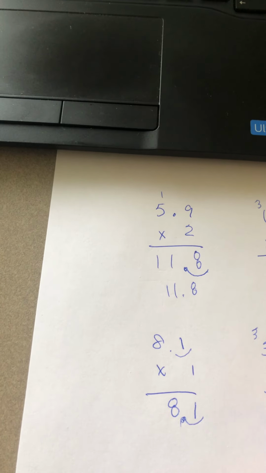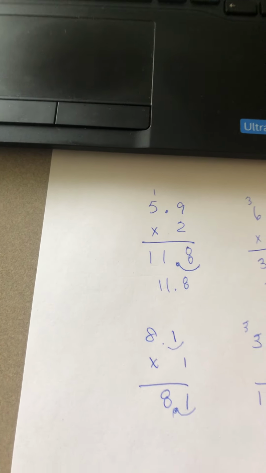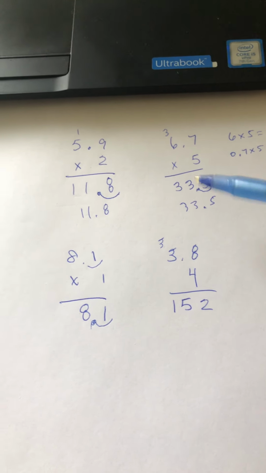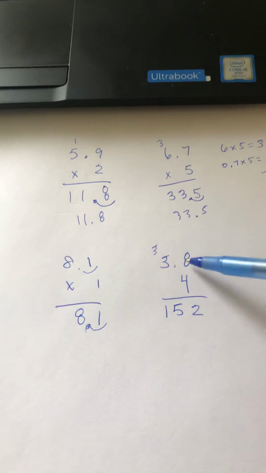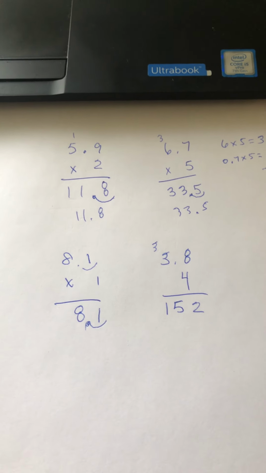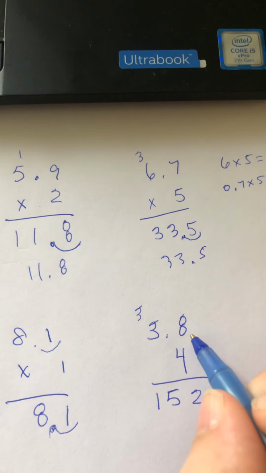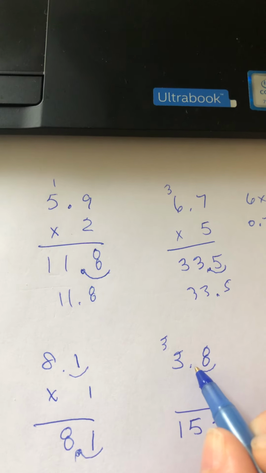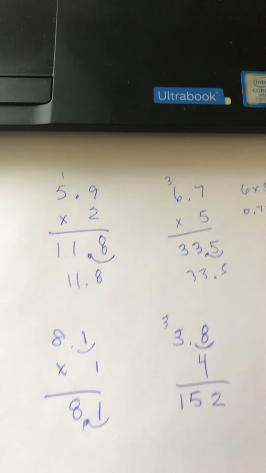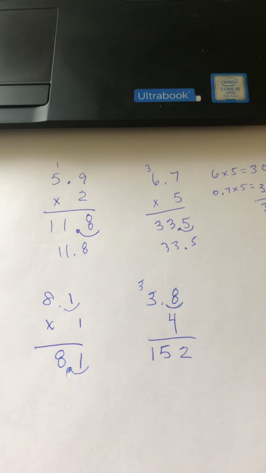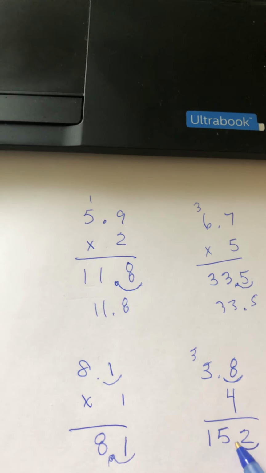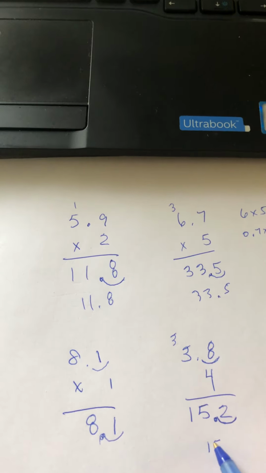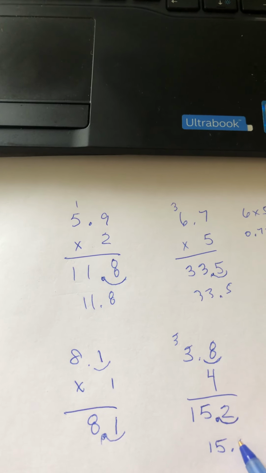Plus 3 is 15. Okay, so notice I'm just multiplying this as if the decimal's not there. 38 times 4 would be 152. Then I just count how many decimal places are here, and there's just one decimal place. So, one decimal place. Our answer is 15.2, right? Just less than 16, and we're good.